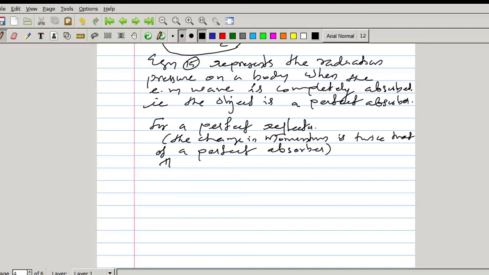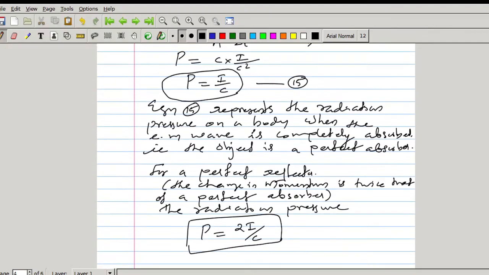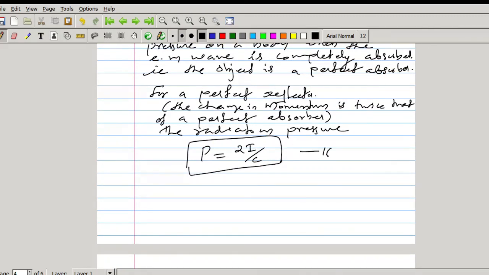Hence, the radiation pressure P is equal to twice of I by C. So this will be 2I by C. This one is equation number 16. So this equation represents the radiation pressure when it is incident on a perfect reflector, and the I by C represents the radiation pressure when it is incident on a perfect absorber.